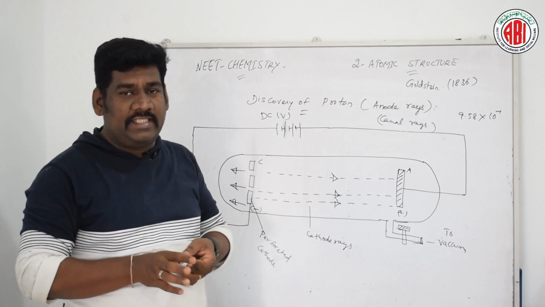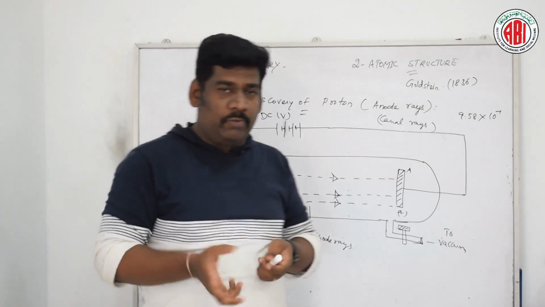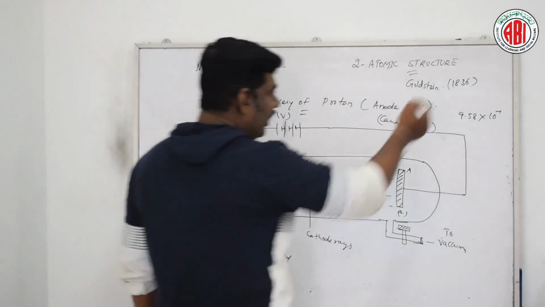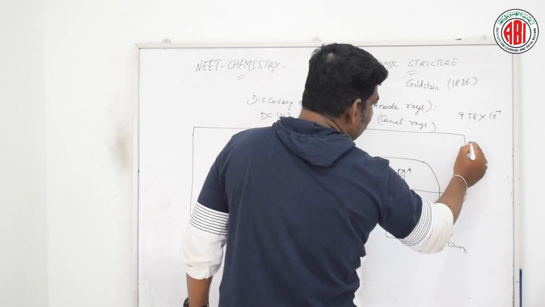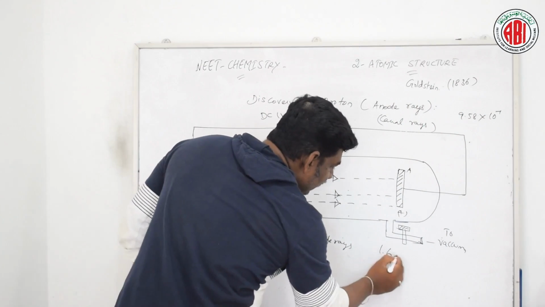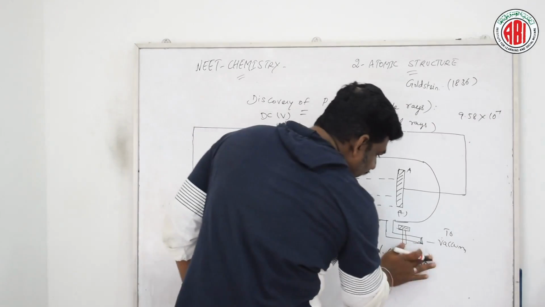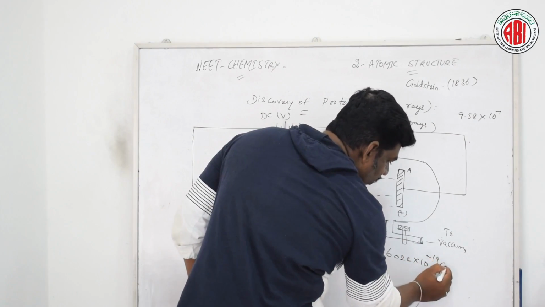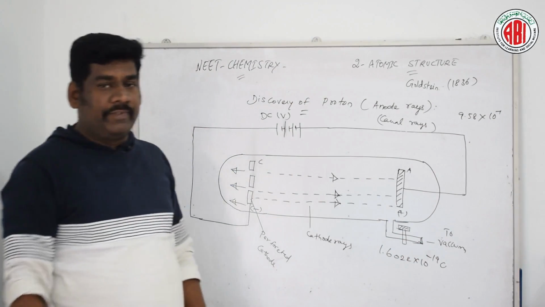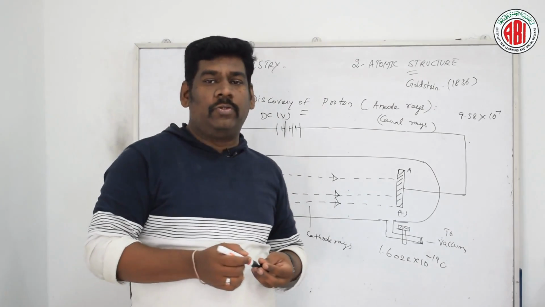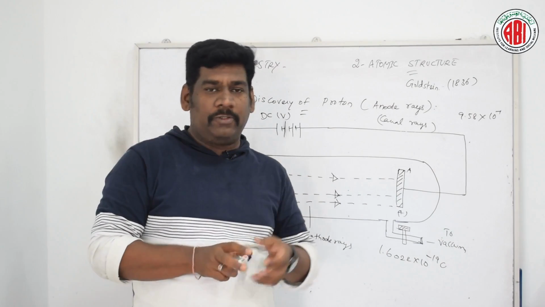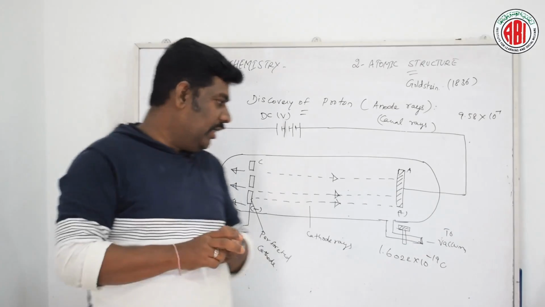Its charge was found to be similar to that of the cathode ray electron, that is 1.6022 × 10^-19 coulombs. It is equal in magnitude but opposite in sign to that of the electron.